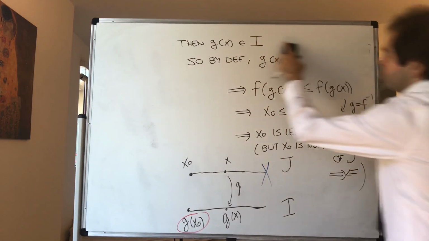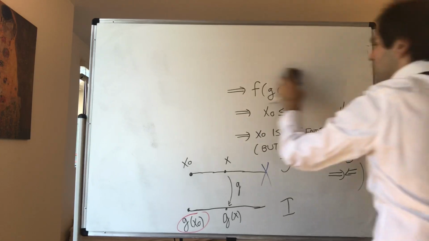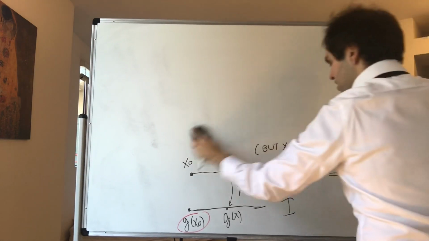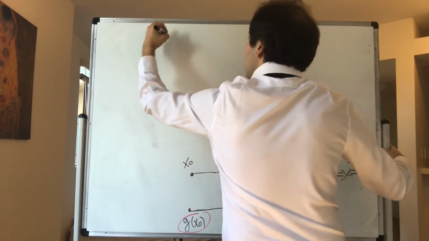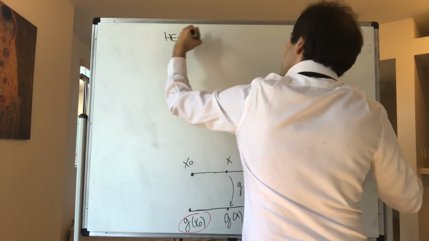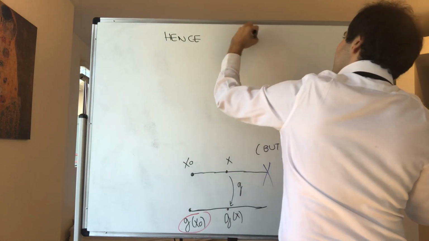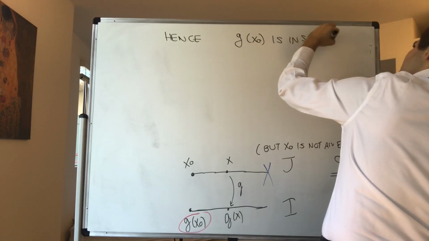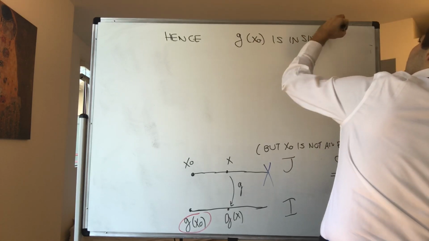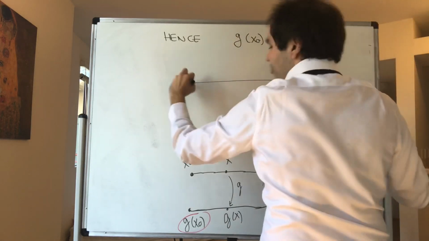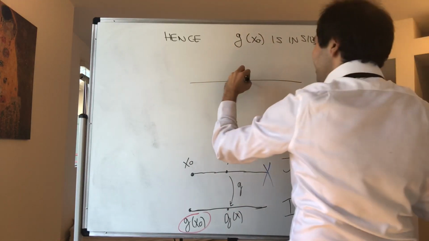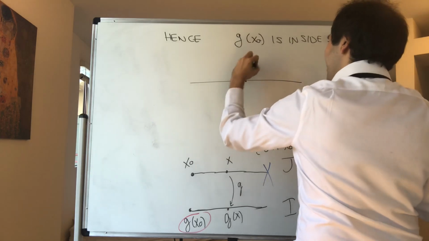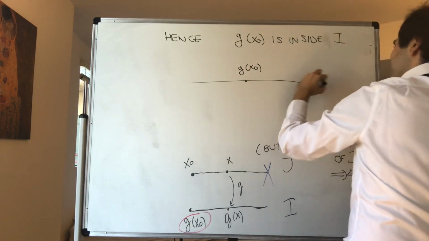Hence we get that g of x naught is inside the interval I. Or if you know some metric spaces, it's in the interior of I. I know, that word you really like.